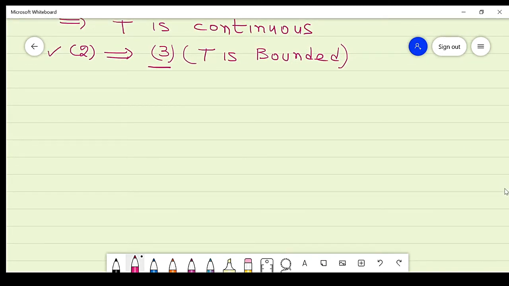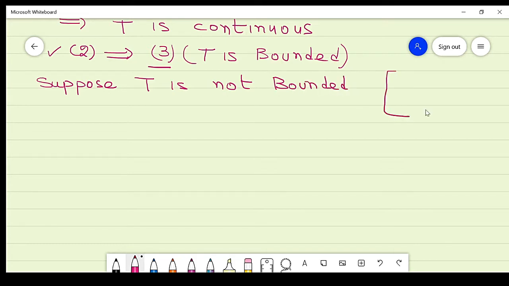Now we will prove this part with the help of contradiction. We know the definition of a bounded operator. Suppose this T is not bounded.